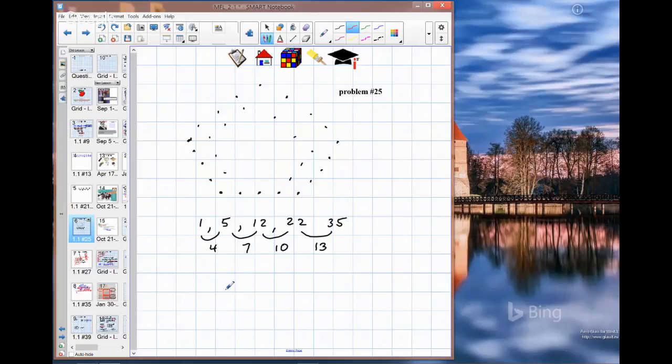So they have this little drawing in the book that I tried to duplicate. I didn't draw the bars, but do you see how they have those numbers at the bottom? 1, 5, 12. So I took those numbers and I used our method of differences. Do you remember that from last time? 5 minus 1 is 4. 12 minus 5 is 7. 22 minus 12 is 10. 35 minus, that method of differences. And now the question is, do you see a pattern on those numbers on the bottom?